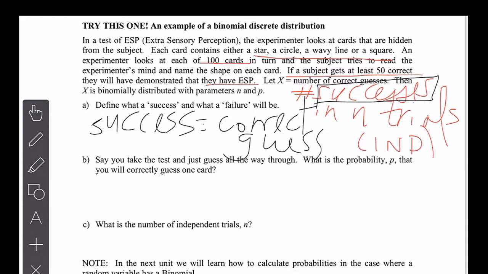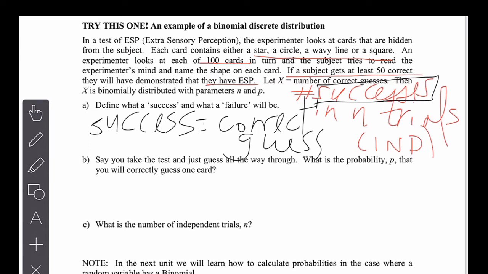If he gets it wrong, it's a failure or incorrect guess. What I'm interested in overall is out of all 100 attempts, how many total did he get correct? That's what this variable answers, the number of correct guesses.